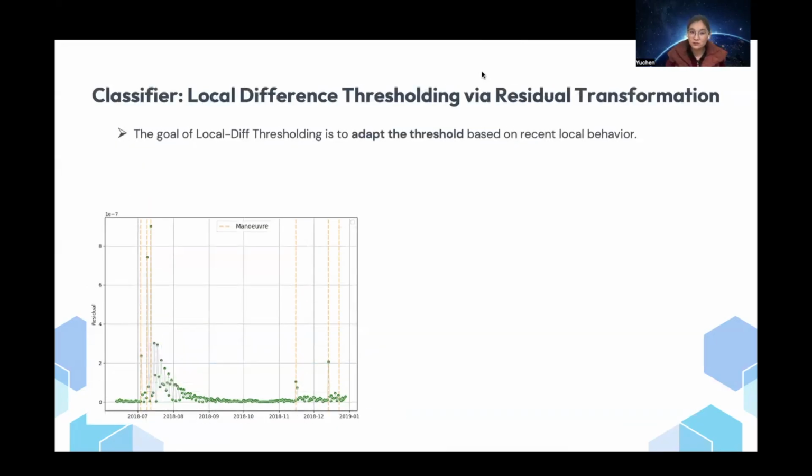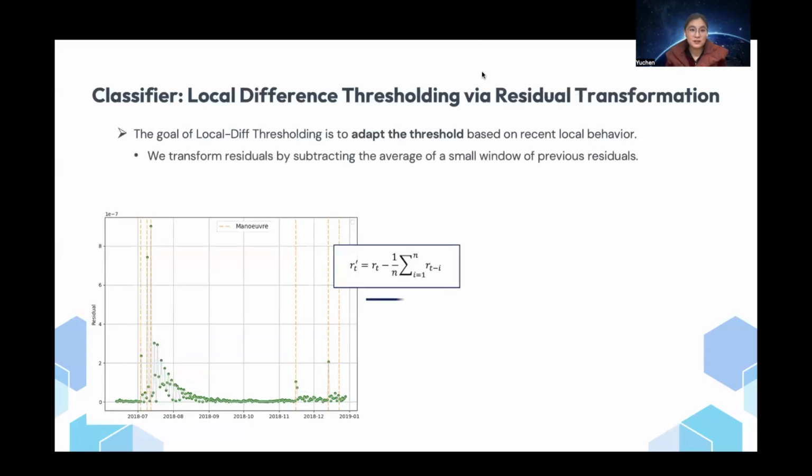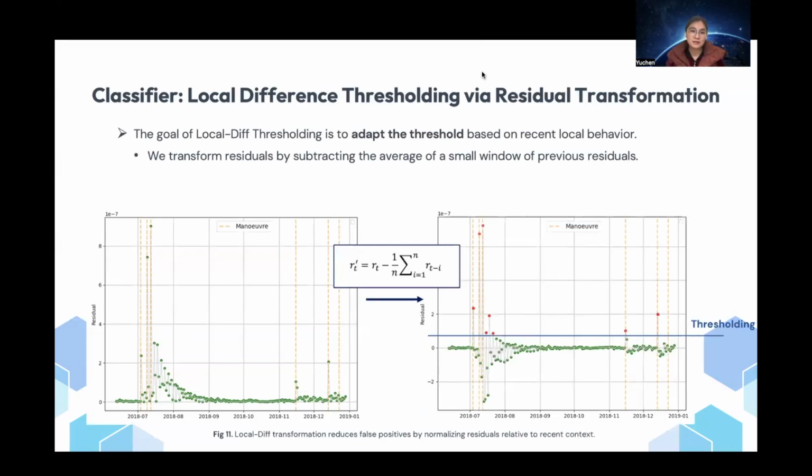To address this issue, we apply a simple transformation to the residuals. For each point, we subtract the average of a sliding window of its previous values. The equation shown in the middle is straightforward: the current residual minus the mean of the past residuals. This highlights how much a point deviates from recent local behavior rather than from a global threshold.